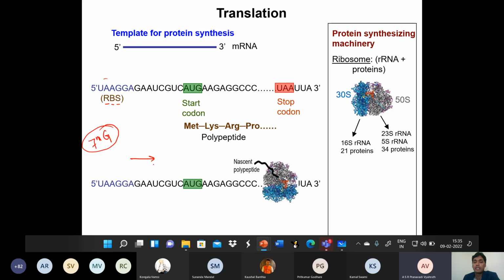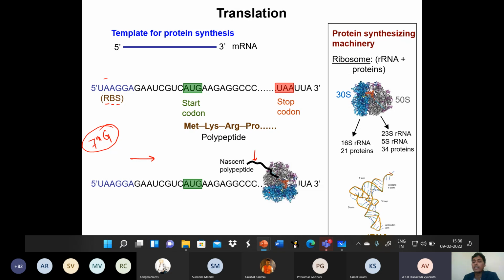And as the ribosome moves, the peptide should be detached from the ribosome when the stop codon appears, and this nascent polypeptide will be folded to give you a protein, and it will be functional then.